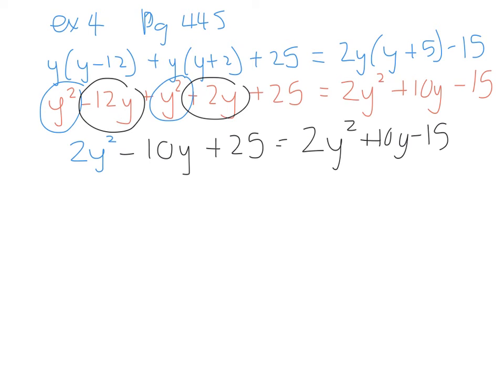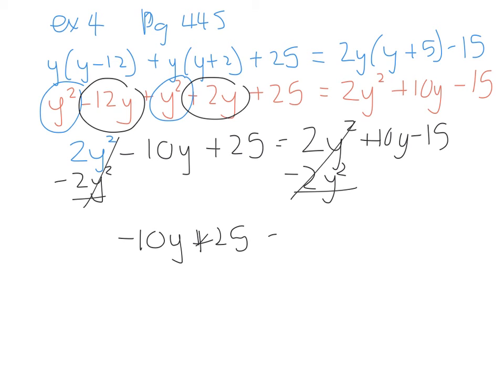Now I want to subtract out the 2y squared from both sides. So fortunately that cancels from both sides, giving 0 for both of those. I end up with -10y + 25 = 10y - 15. So I have to get my y terms on the same side.